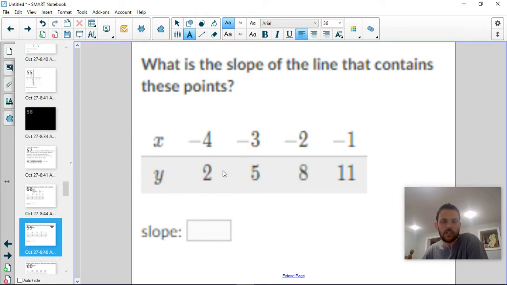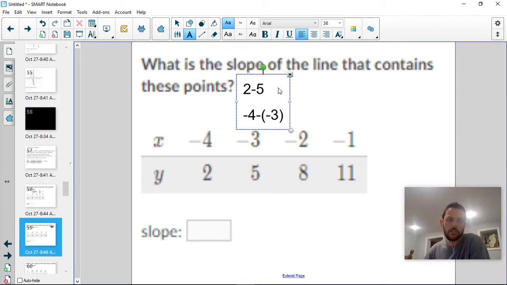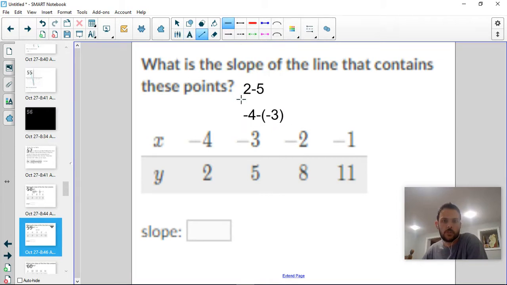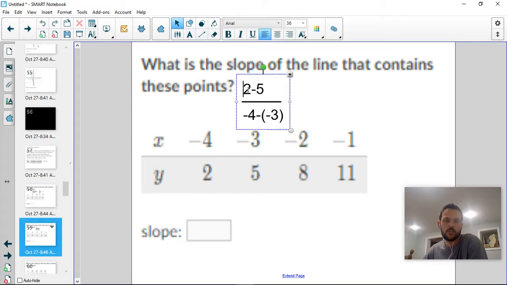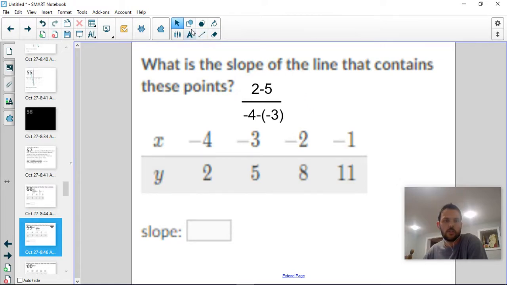Next one, again, rise over run. Let's start with the 2 minus 5 on top. So now I have -4 minus -3 on bottom. I'll put a line in here to show that's a fraction. I like that being centered up a little better.